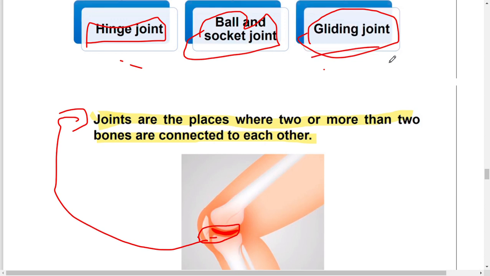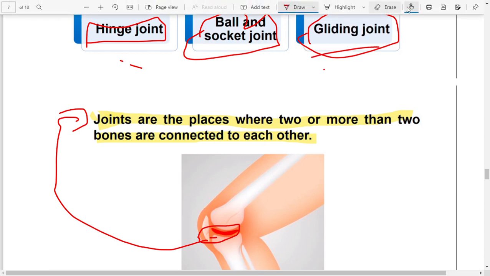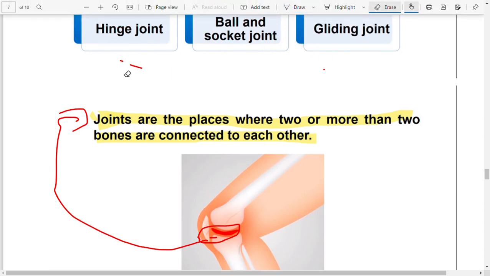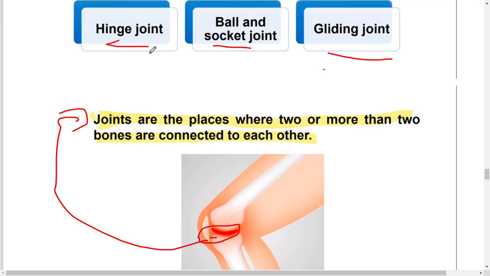Now the gliding joints. In gliding joints, the bones can slide over each other. They are called gliding joints.